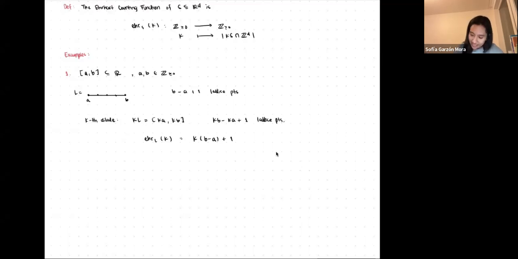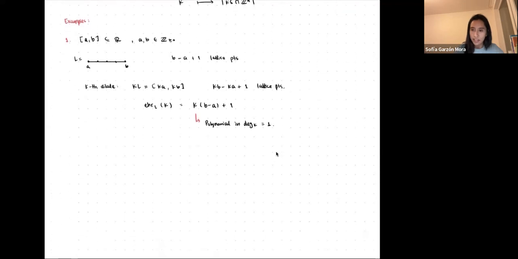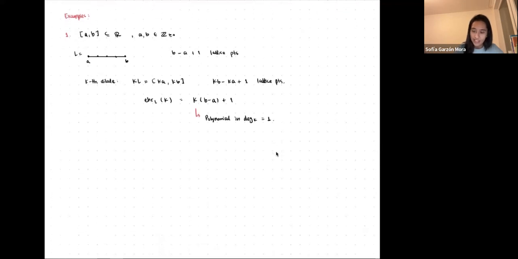Okay, that was easy, right? But what is this, and why am I taking so much time with an interval? Well, this is a polynomial in k of degree 1, which weirdly coincides with the dimension of the interval, but we'll get to that later.